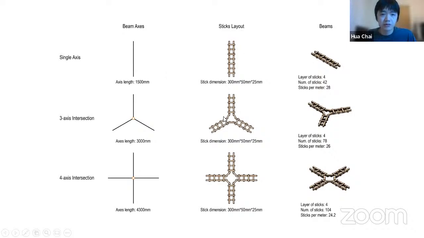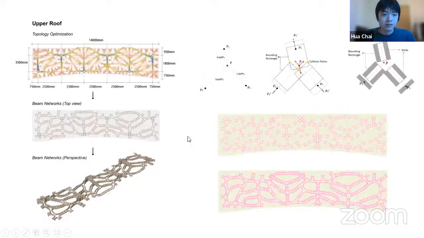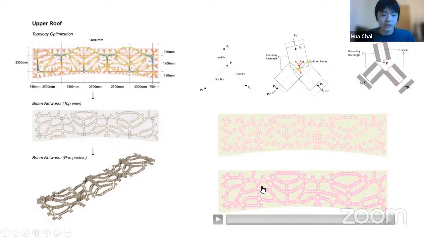The stick arrangement also allows adaptation to different situations in the axis, like the converging and branching streams within this multi-directional support network.